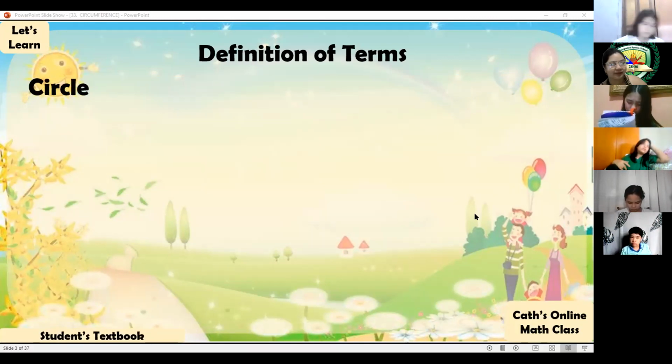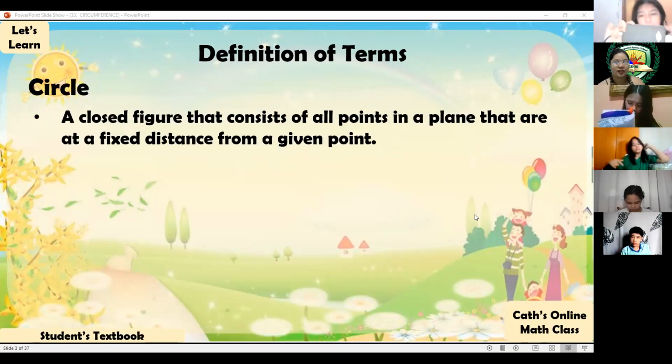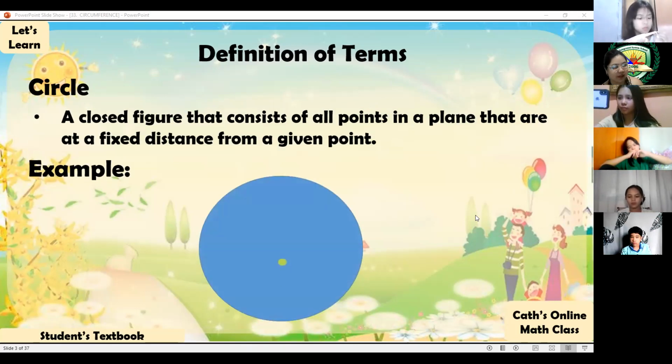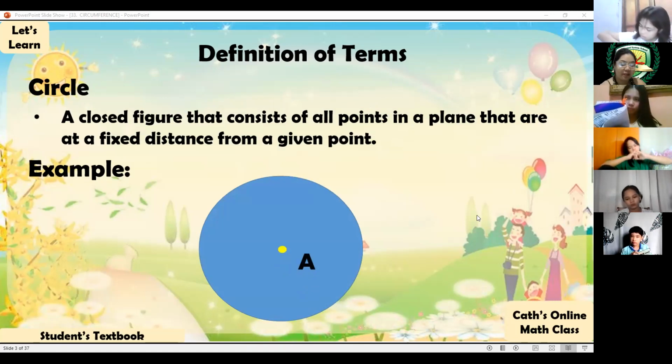What is circle? This one is a closed figure that consists of all points in a plane that are at a fixed distance from a given point. Okay, so example, ito yung circle. Ito, may point siya. And the name ng point na to ay A. So, this can be named, ano kaya?